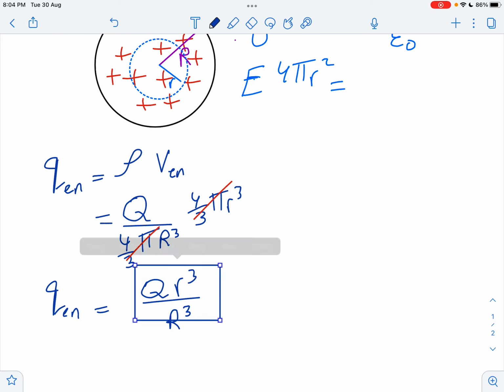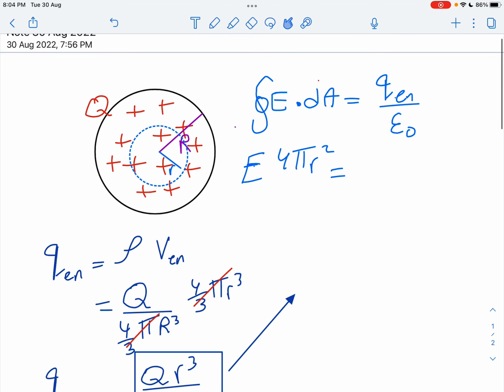Now we substitute that result in Gauss's law. So what will you get then? Q enclosed is simply capital Q, as we have seen, small r cubed over capital R cubed, epsilon zero.